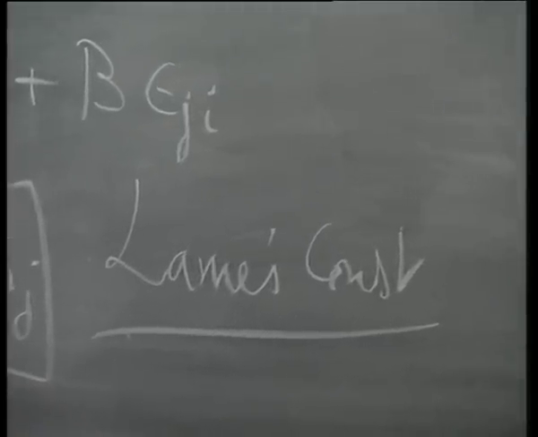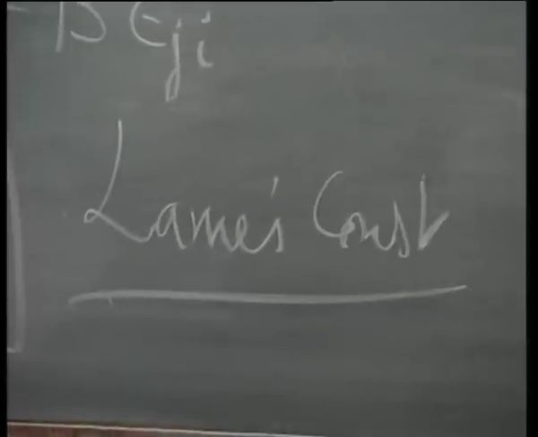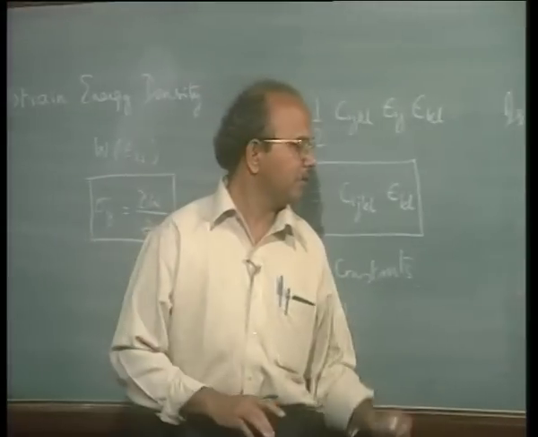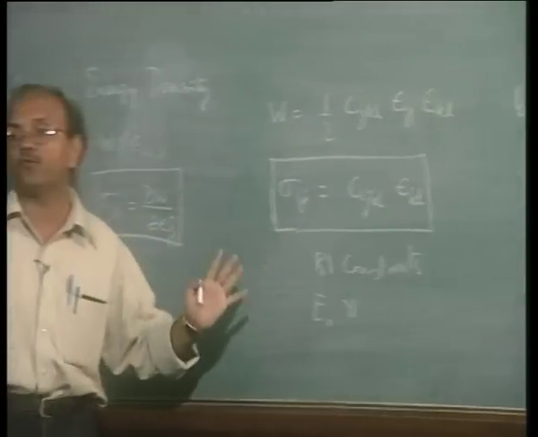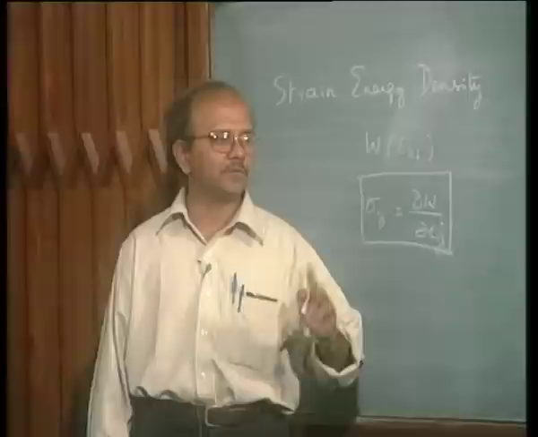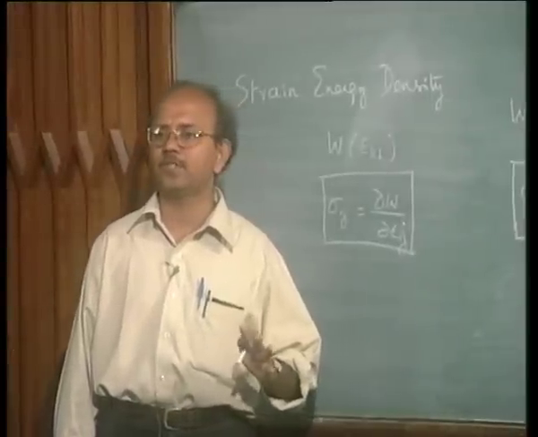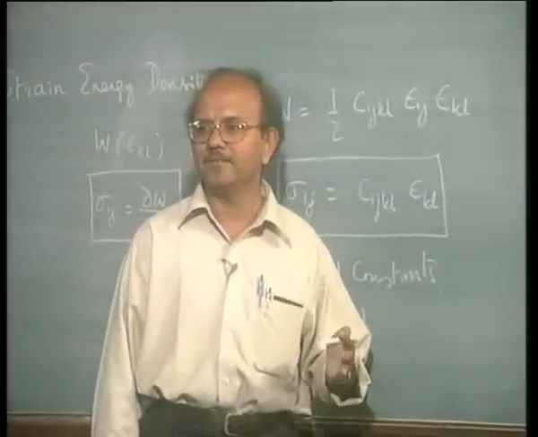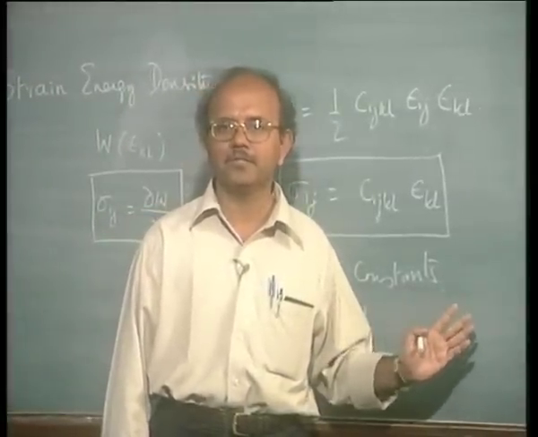Okay. Now I know you are still not satisfied, because you have been taught in your earlier classes, very correctly, that E and nu are the ones we should look for. Lambda and mu are not the ones which strike a bell. Okay? Sure. So still E and nu.